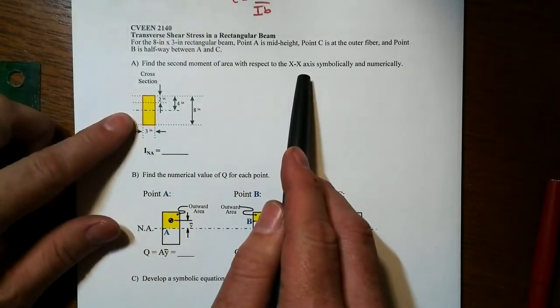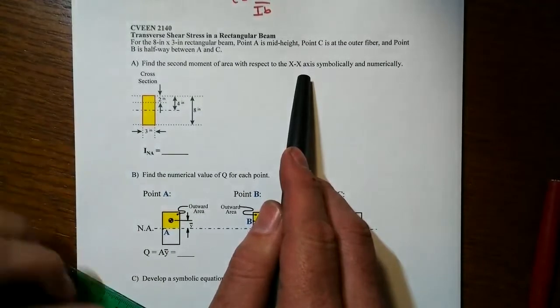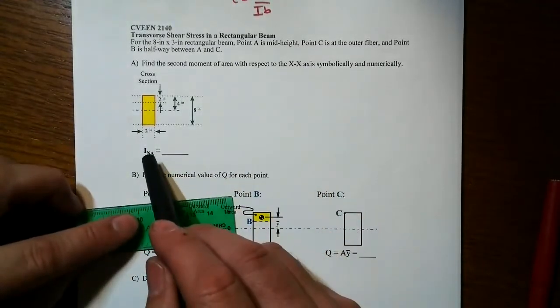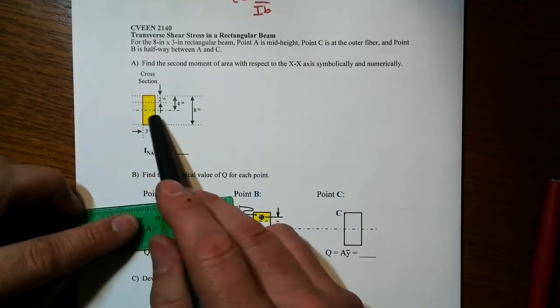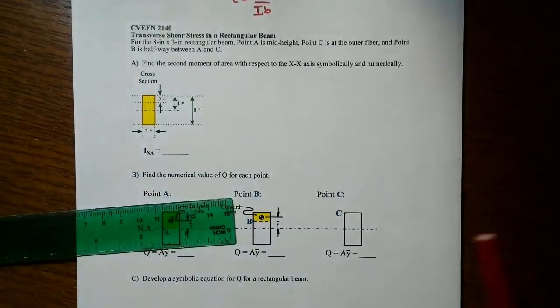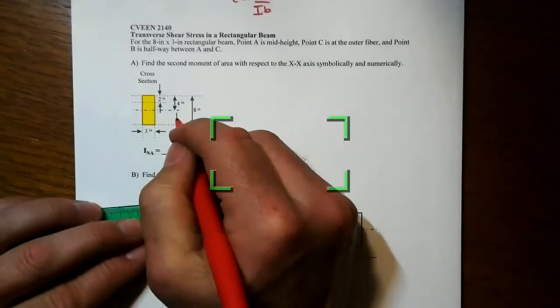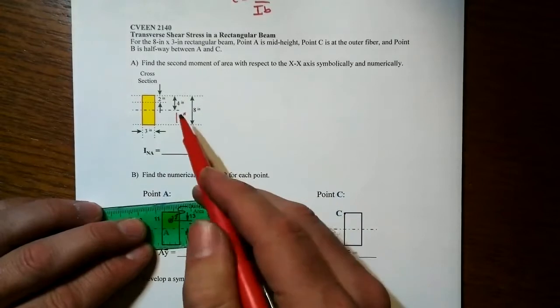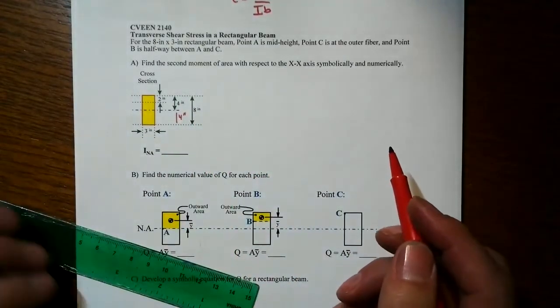We've got a rectangular cross section, and the second moment of area that we care about is with respect to the neutral axis, which for elastic behavior is going to be located at the geometric centroid. And in this very simple case, the geometric centroid is located, of course, at the mid-height. In that case, 4 inches from the top, 4 inches from the bottom for the 8 inches overall height that we've got here.